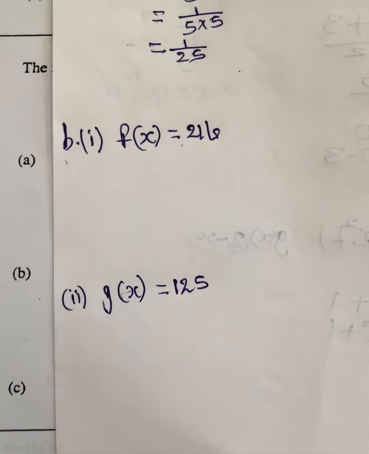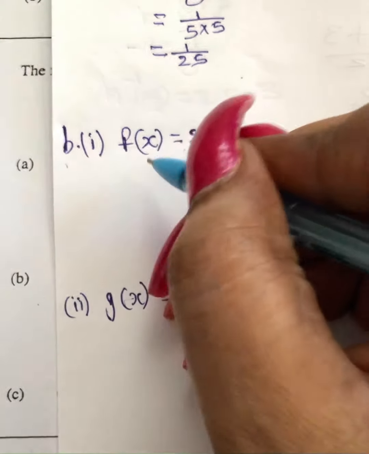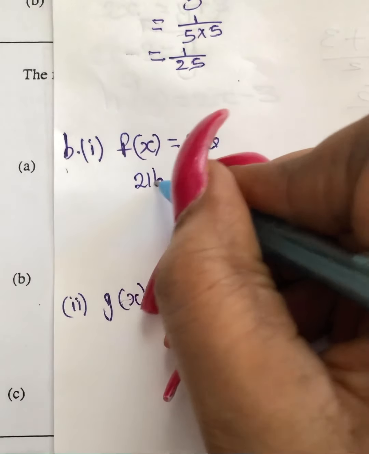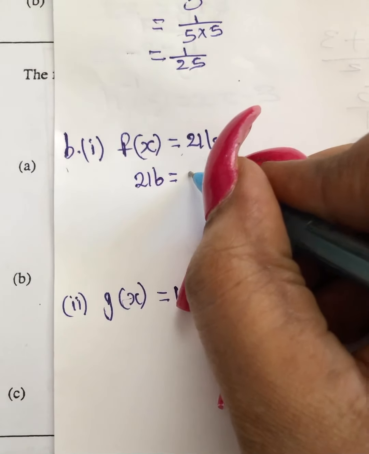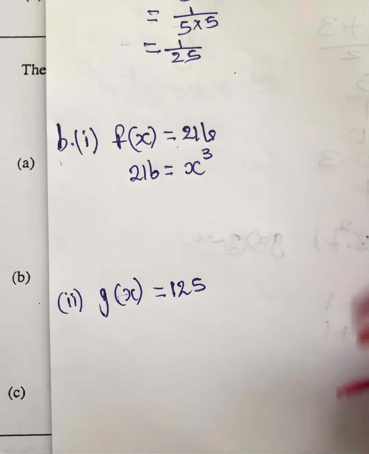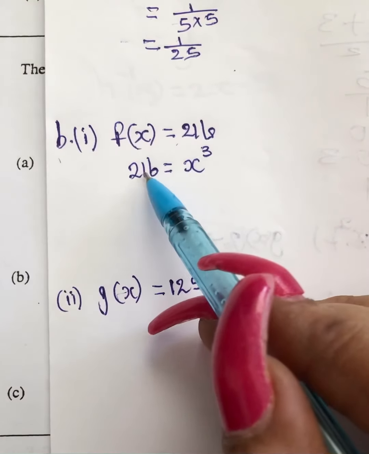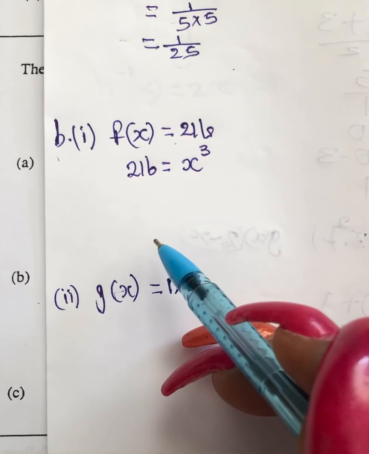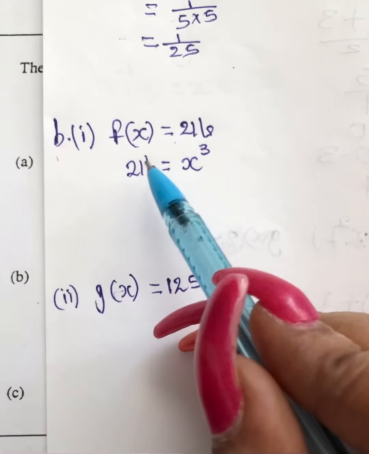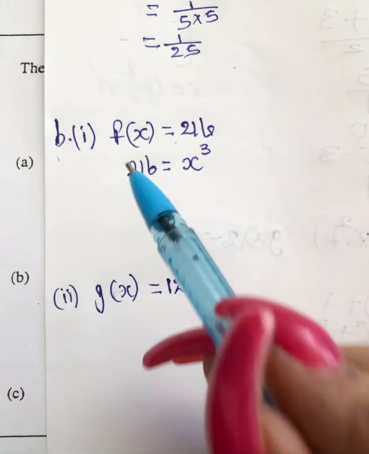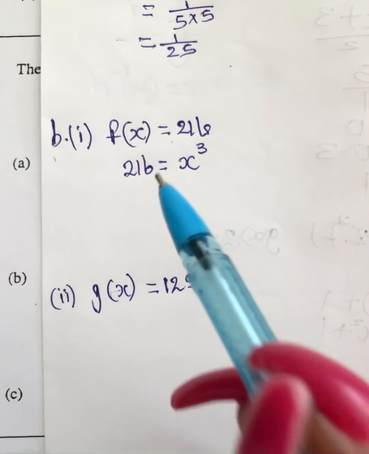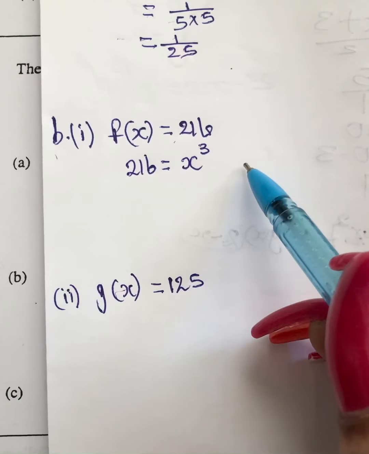This means that the function f of x, we replace our f of x with the 216 that we are making it equal to. Good. So look at what happens there now. We want to find the cube root. What number multiplied by itself 3 times is going to give me 216?